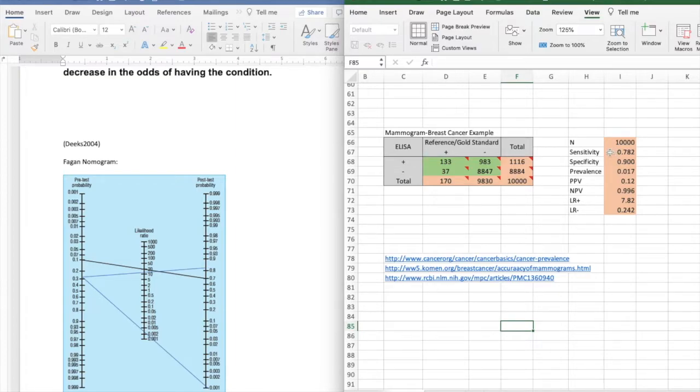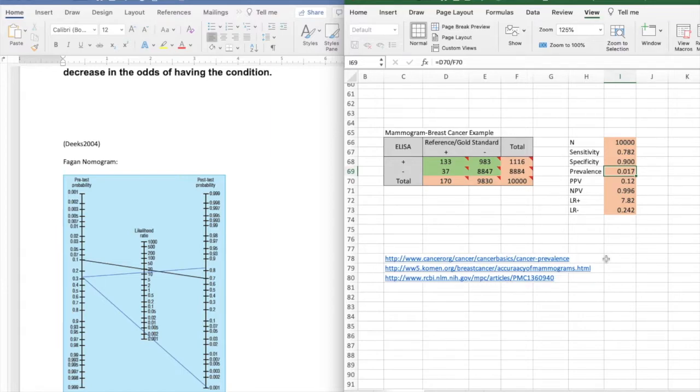So sensitivity of the mammogram, 0.782, and these are estimations, by the way. Specificity, 0.9. Prevalence of breast cancer in the general population, 0.017, so 1.7%. 1.7 people out of 100.